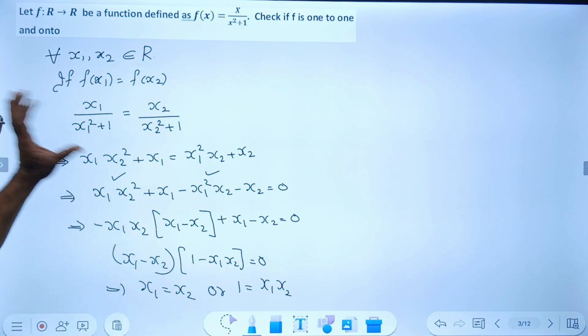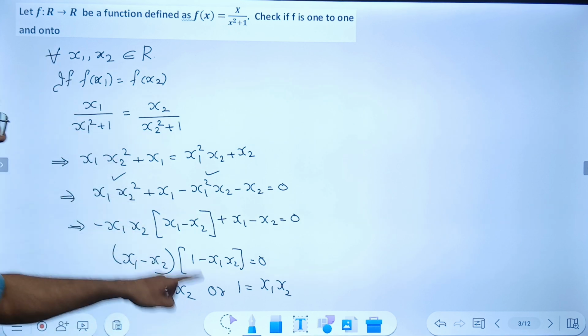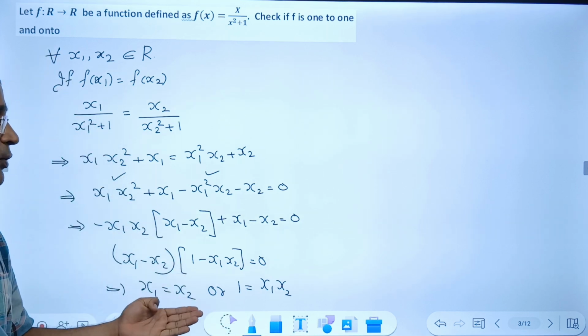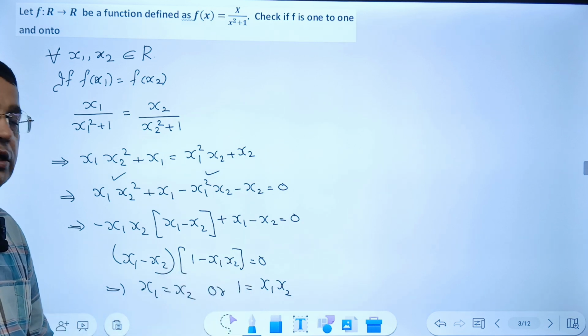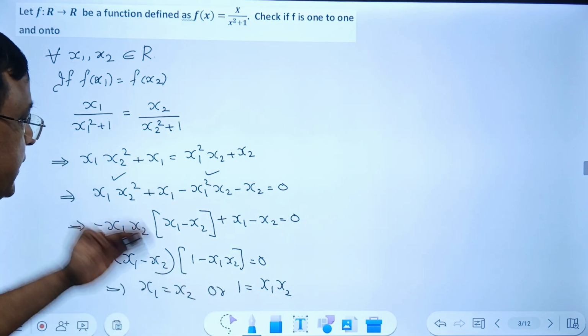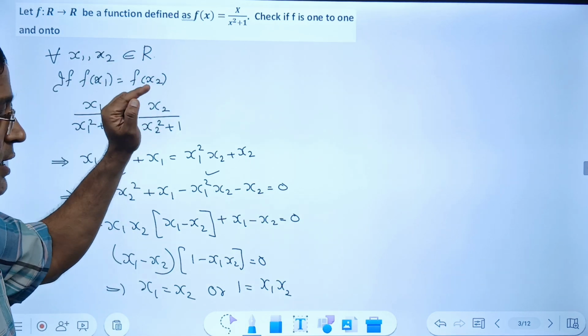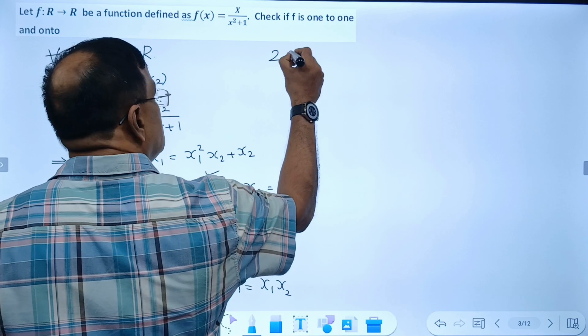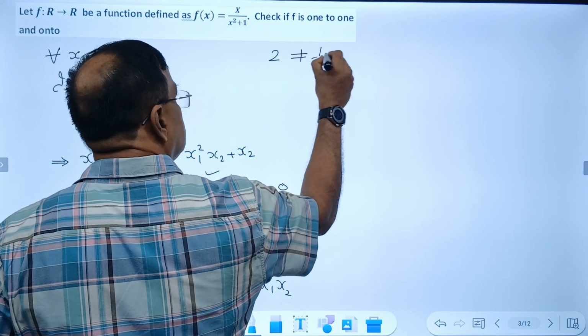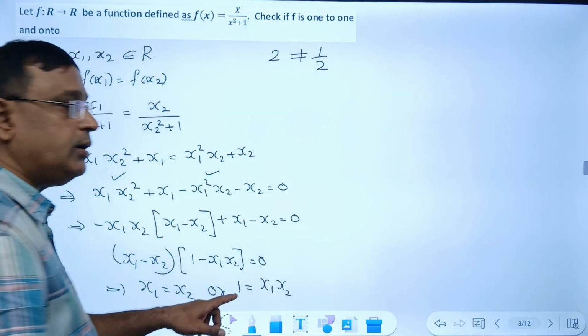In the exam when they ask this question, don't do all this. I have done these things for you to understand that it's also possible to get x1 x2 as 1. So if this question comes in the exam, what you should do is very simple. You just have to take two numbers which are reciprocal to each other, so that when you multiply, you get 1.